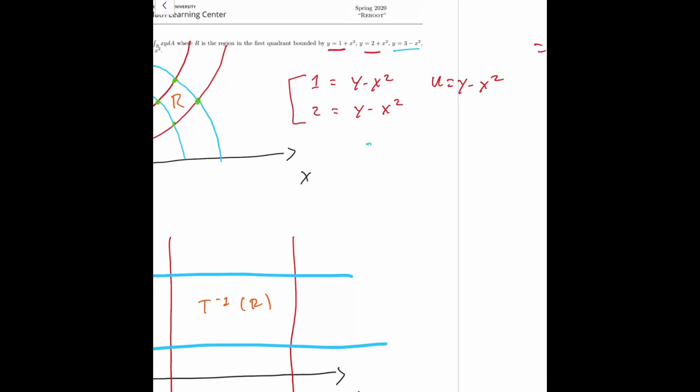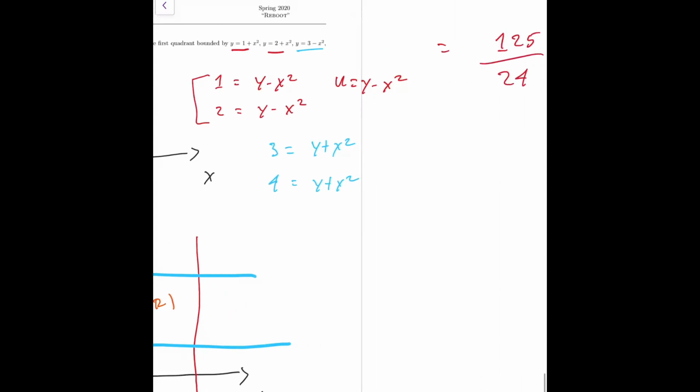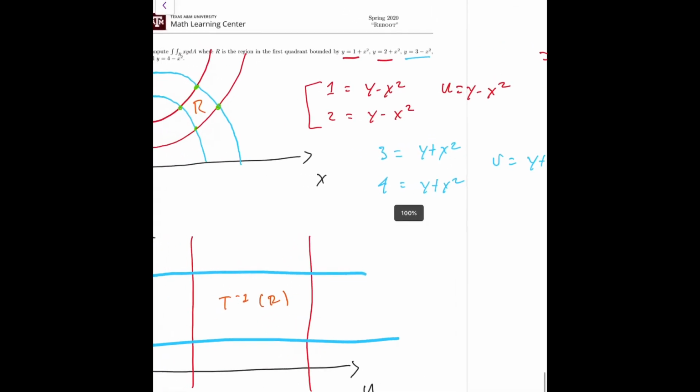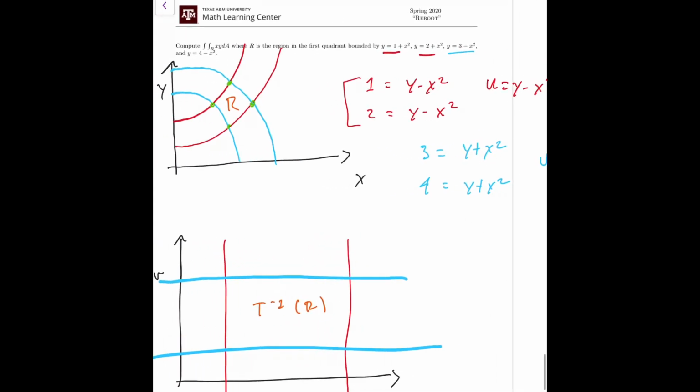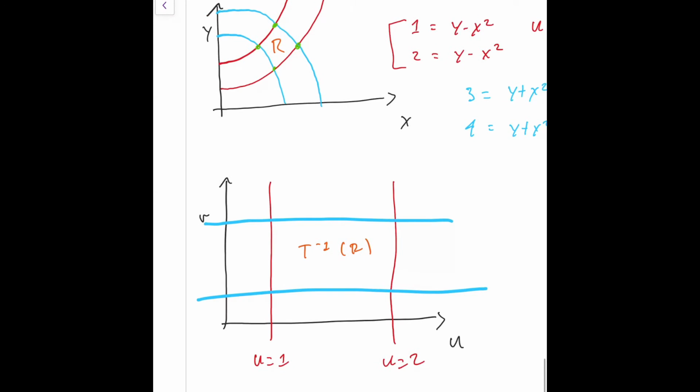So I've got 3 is equal to y plus x squared, and 4 is equal to y plus x squared. So I'm going to say that v is equal to y plus x squared. And so the curve y is equal to 3 minus x squared becomes the horizontal line v is equal to 3.